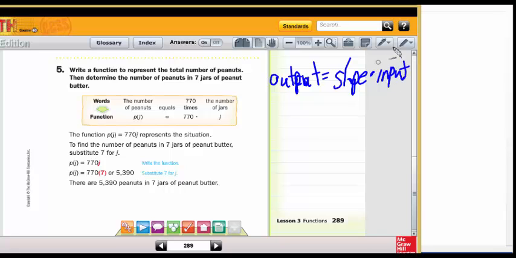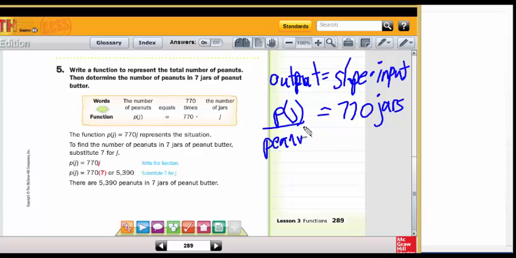So now translating that to what we have in this particular problem here, input is going to be jars. That's going to determine how many, and our slope is 770, because it's 770 peanuts per jar, and that will give us our output, P of j. It's going to tell us what we end up with for the number of peanuts we need. P of j is our output in peanuts.